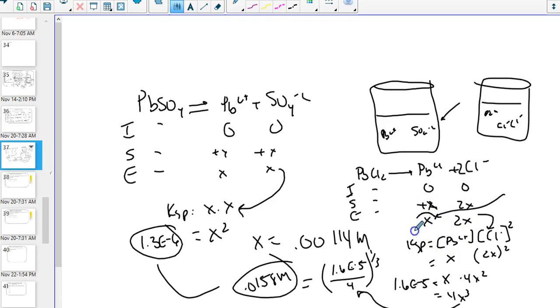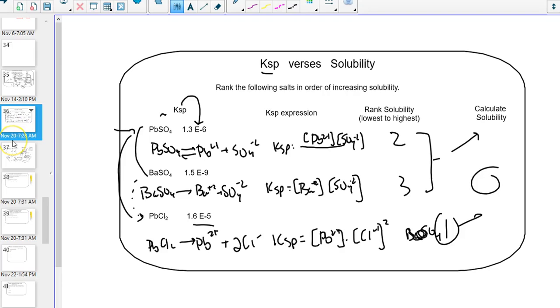It's the amount that actually dissolves. It's a 1-to-1 ratio to that one. So that is the answer. If you want to know the molar solubility, it's x. Of course, that represents this one at 1-to-1. What's the concentration of lead ions? Same as this. What's the concentration of chloride ions? Double. Okay, I think we'll stop there. Thank you.